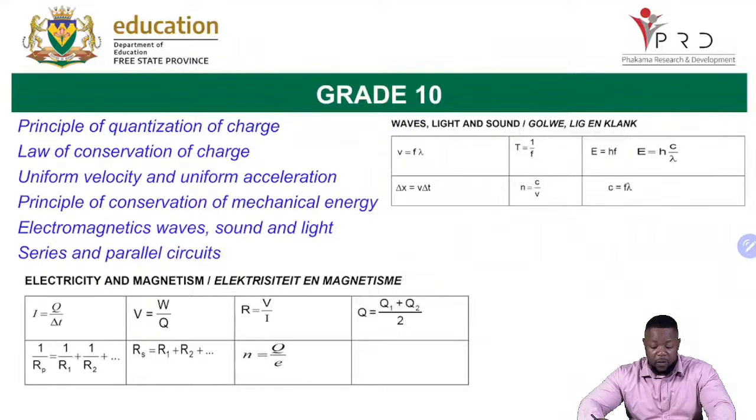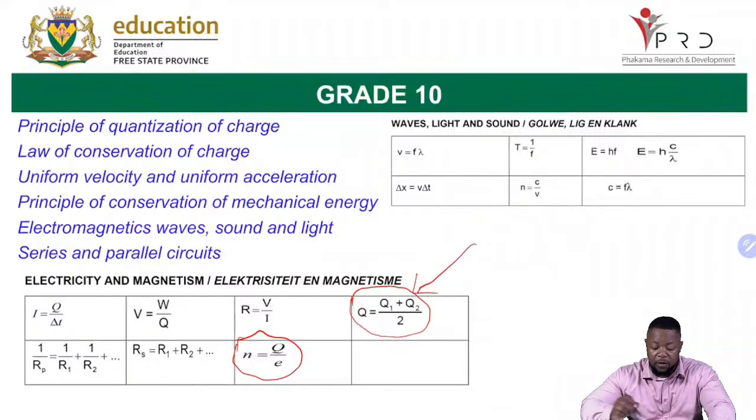The grade 10 work, we look at the data sheet. We have seen the principle of quantization of charge. And then we also have the second formula here. This formula will be used in electrostatics, and this is the second formula that will not be provided on the data sheet.